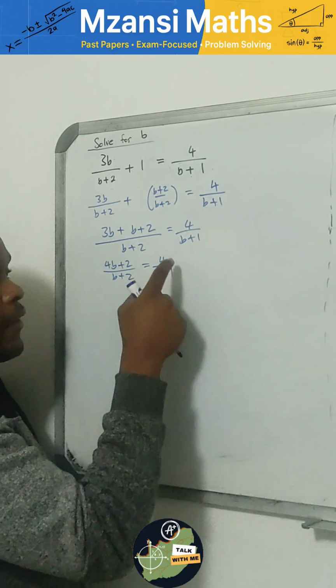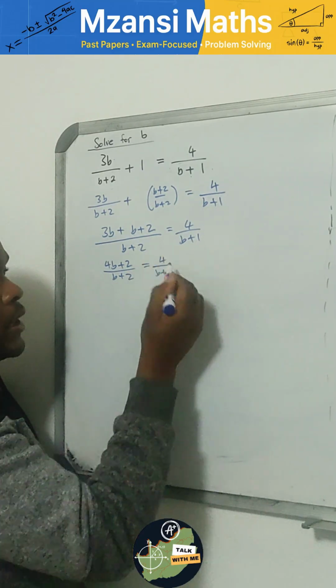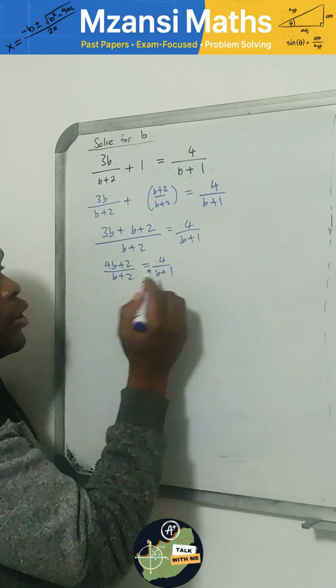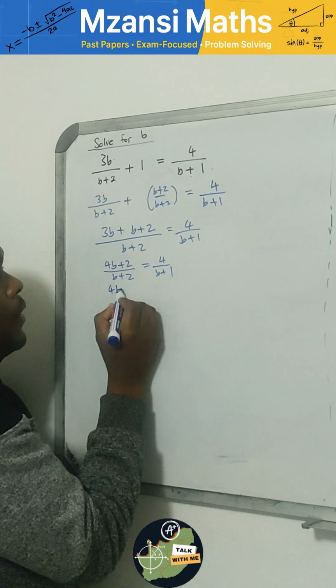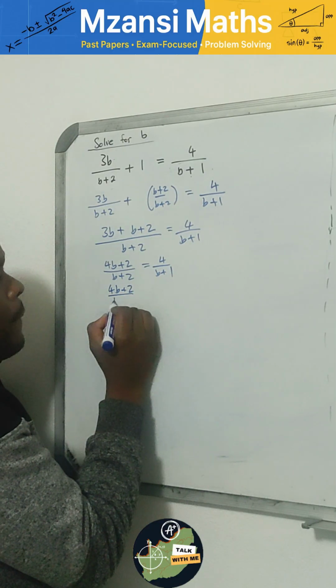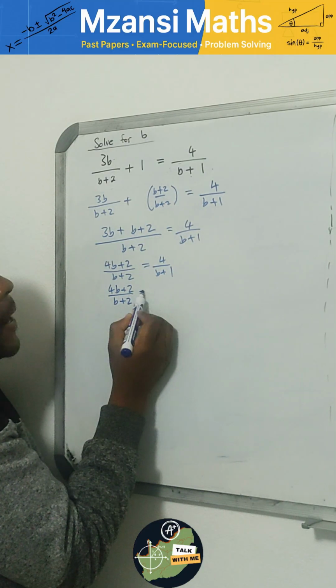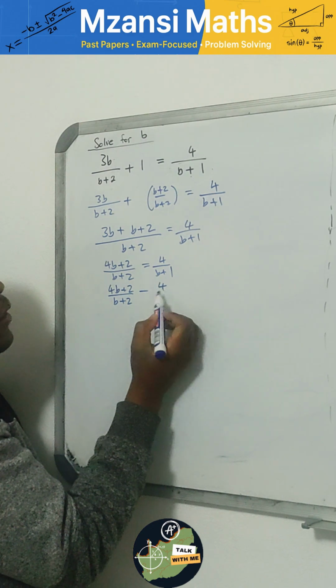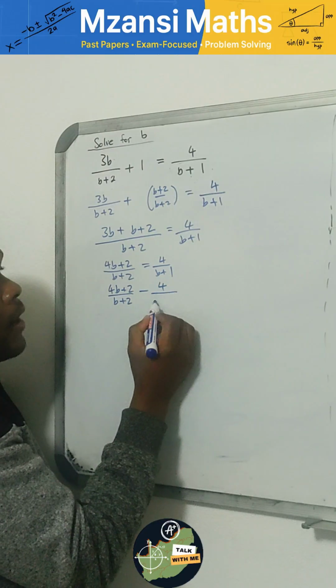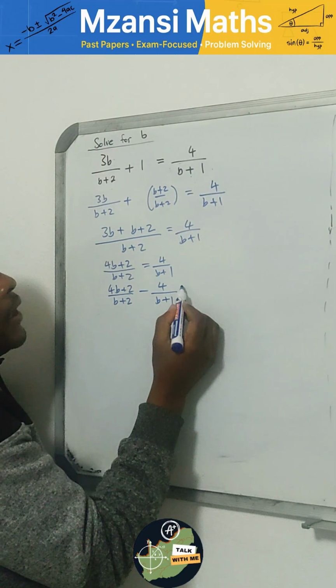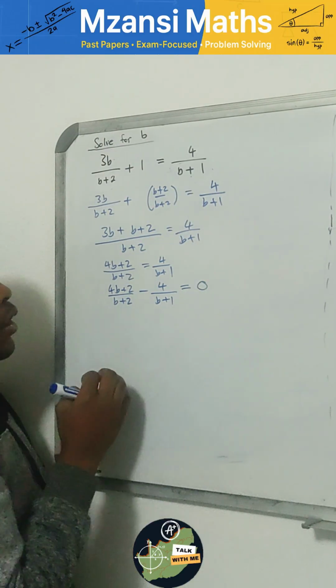It is positive on the right hand side. This entire thing is positive. When I move it across, it will become negative. So I'll have 4b plus 2 over b plus 2 minus 4 over b plus 1 is equal to 0, right?